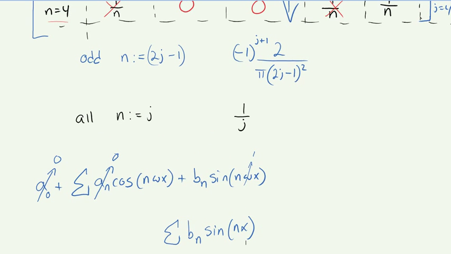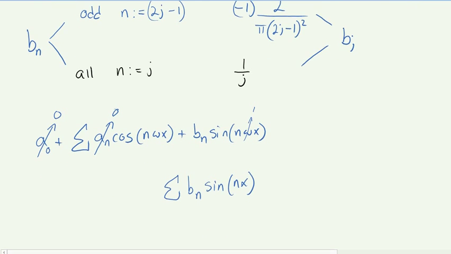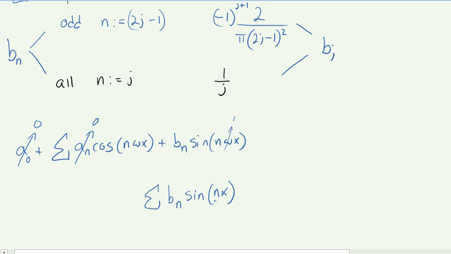So what we need to do is say that our bn is also pretty much a piecewise function, where bj are these two coefficients. What we need to do here for this summation is also change the n inside of sine nx so that it equals our odd channel and our all channel.